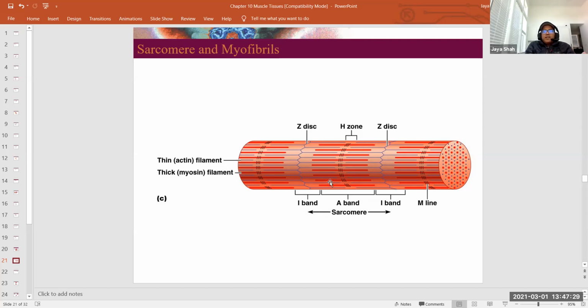When muscle contracts, these Z discs come closer, and the sarcomere gets smaller. The I band gets smaller, and the H zone also gets smaller. So when muscle contracts, the H zone, I band, and sarcomere shorten. There is no decrease in the length of actin or myosin filaments.